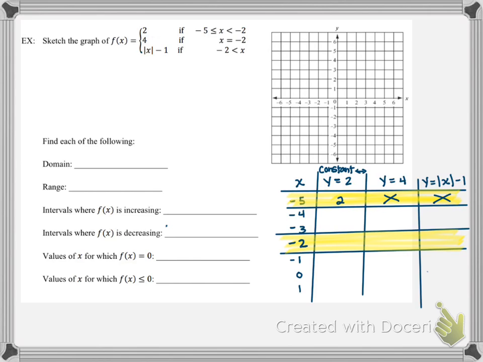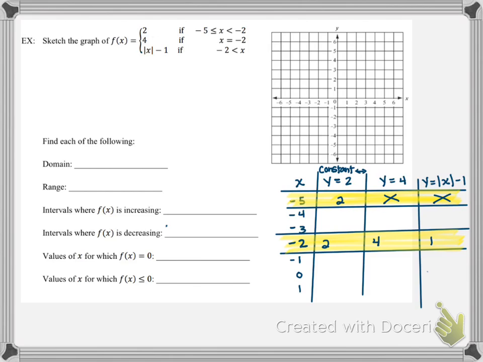All three, so we're going to plug it into all three. So for the first one it is constant at 2. The second one is a constant at 4. And then the third one, the absolute value of -2 is +2, minus 1 gives me +1. And now we're going to figure out if these are open points or closed points.